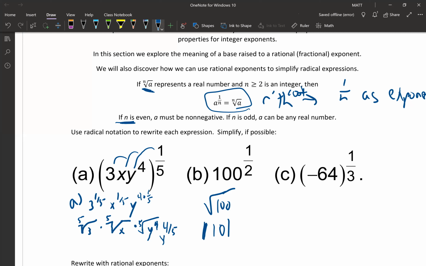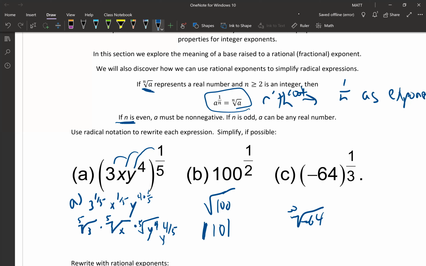Okay. And then C, this is just the cube root of negative 64. And the question is, what multiplies by itself 3 times to get negative 64? Well, I know that 4 multiplies by itself 3 times to get a positive 64.